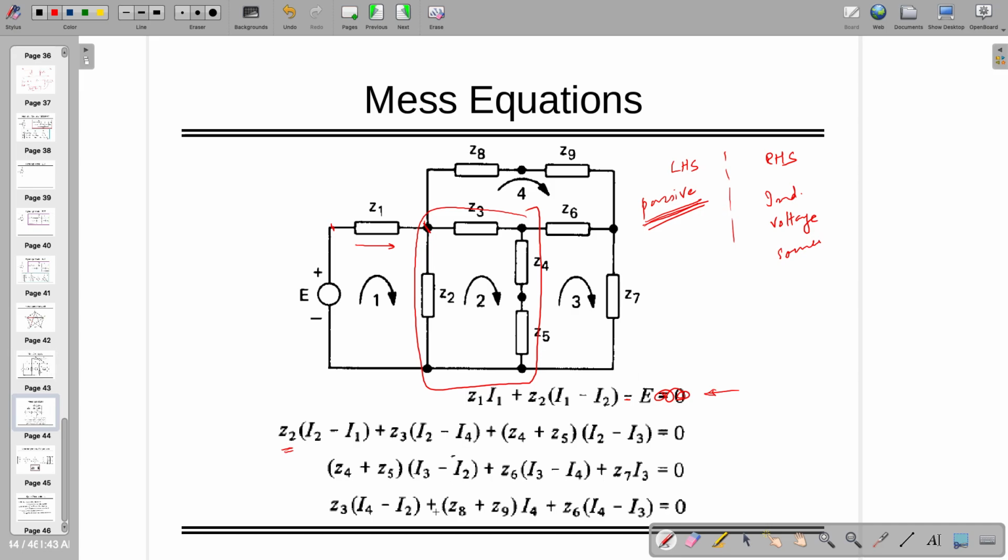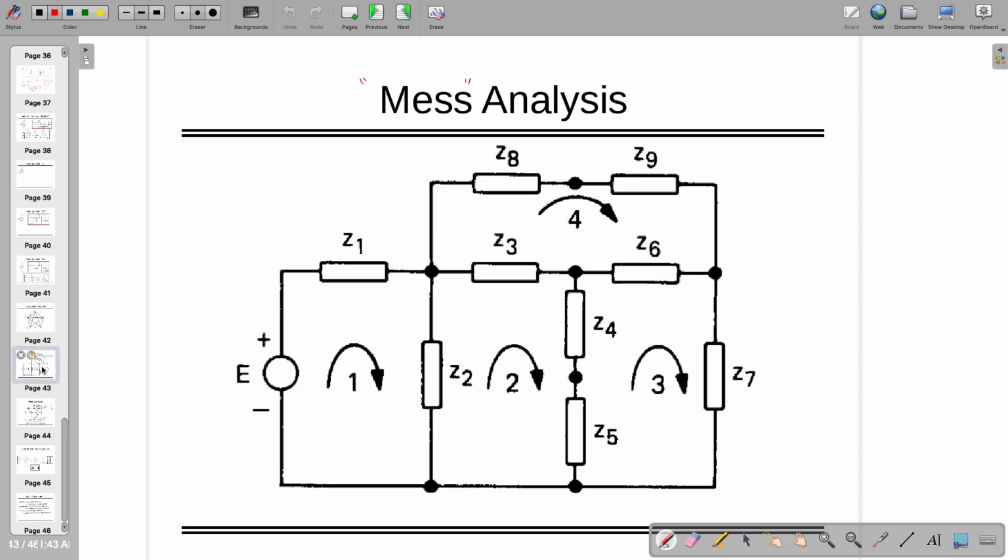Do you want me to write down separately? Let's assume that we are going to write for this loop, only the third loop. So can you help me for writing this?